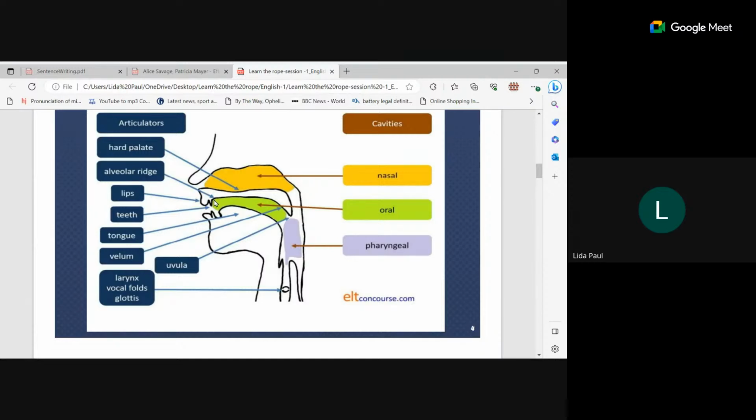So w, l, and r, these three sounds are also known as approximants. They basically mean there is airflow on either side of your tongue, or the tongue is curled. There is some sort of activity involved with the tongue in the production of these sounds, approximants, right?